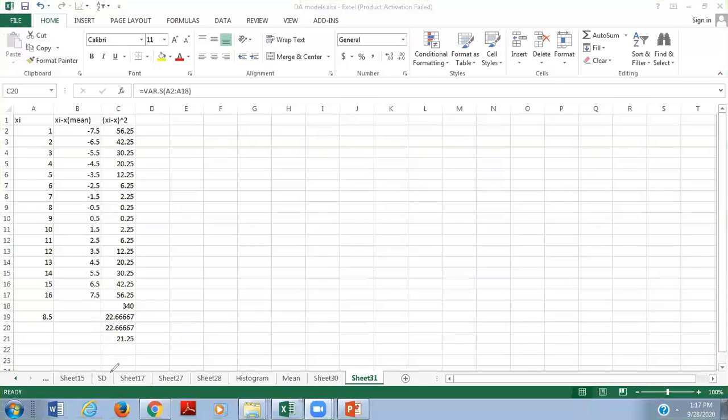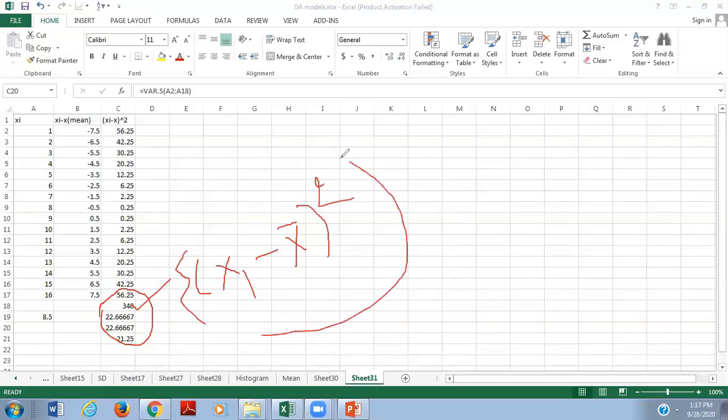Just check here the concept of Excel. Are you able to see these values? This one is xi minus x bar whole square summation, right? The whole value here is 340.